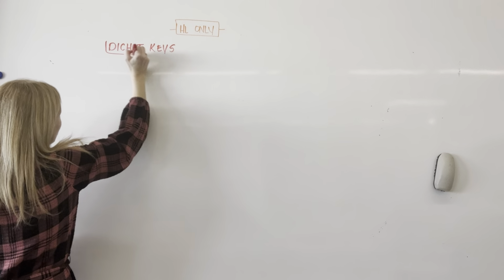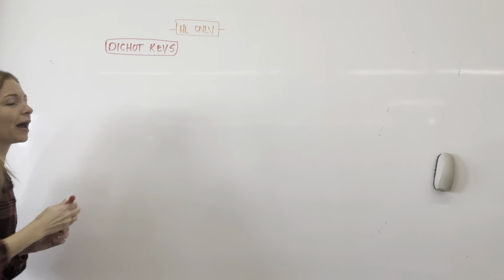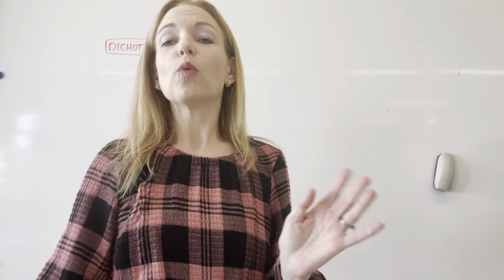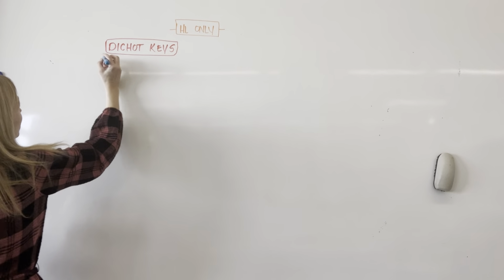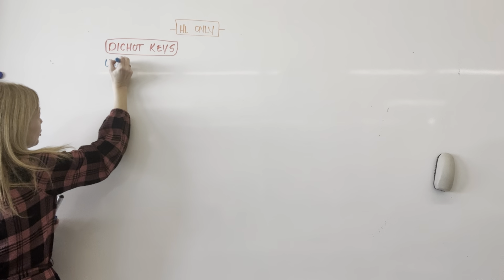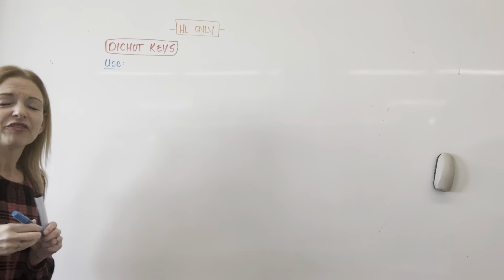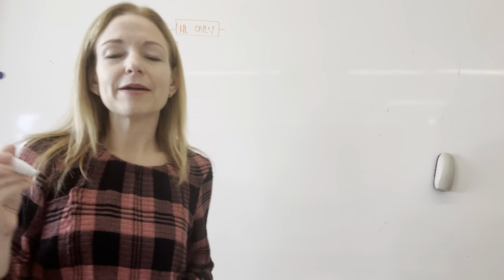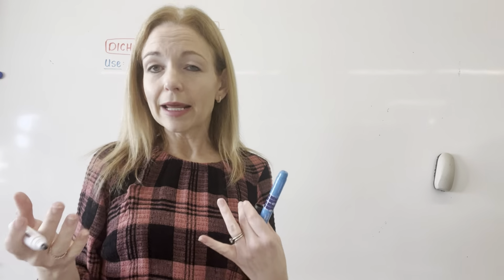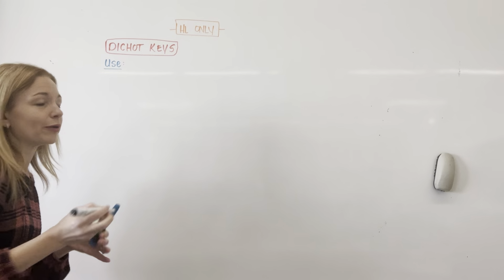So let's do dichotomous keys first and talk a little bit about those, and then we'll wrap up with the eDNA. Okay, so what is the purpose of a dichotomous key? A dichotomous key is used to identify and usually name. Generally, if they're good, they're providing you the scientific name. So when we say identify, it means not just the common name, but hopefully, if it's known, it will provide that.